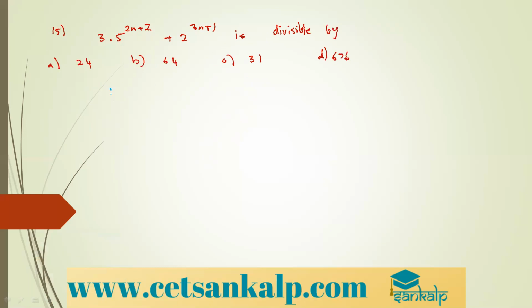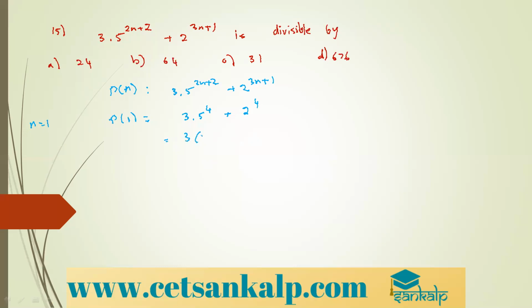To prove this, I will take P of n as 3 into 5 power 2n plus 2 plus 2 power 3n plus 1. If I take n equal to 1, then I will have P of 1 equal to 3 into 5 power 4 plus 2 power 4.